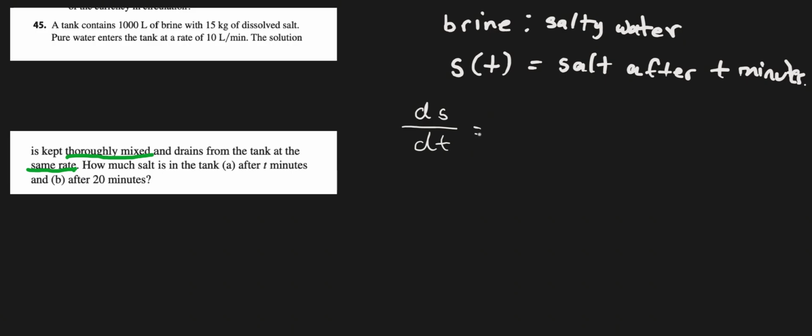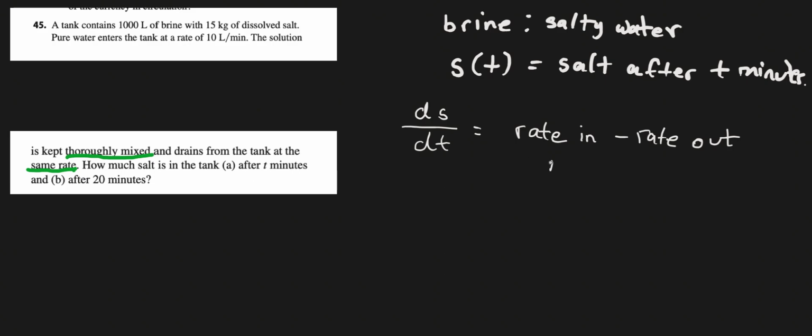This is going to be equal to the rate in minus the rate out. Now, what do I mean by rate in minus rate out? When I say rate, it's not just the rate at which the water is coming in. It means the rate at which the salt is coming in, in this case.